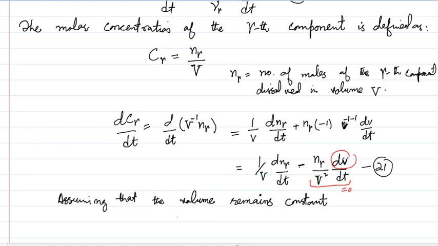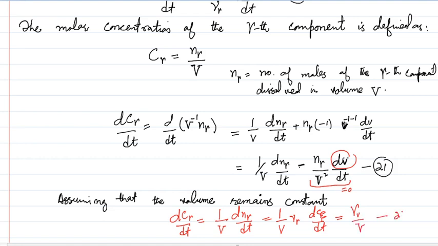So we can simply write it as dC gamma upon dt will be equal to 1 upon V dn gamma upon dt, which can also be written as, we will introduce the other values here in place of dn gamma, so we will write 1 upon V nu gamma d zeta upon dt, which can also be written as nu gamma mu V upon V. So this is equation 22.